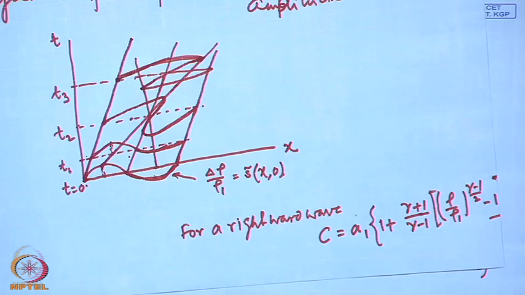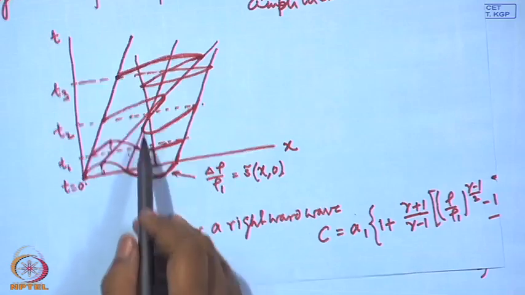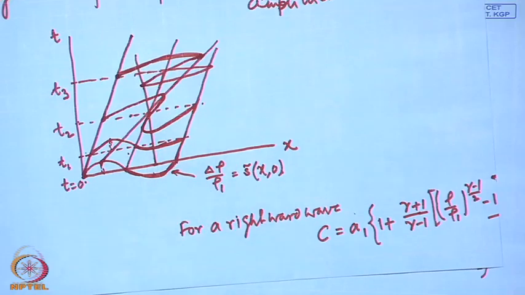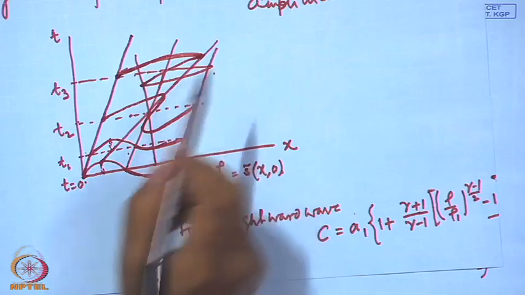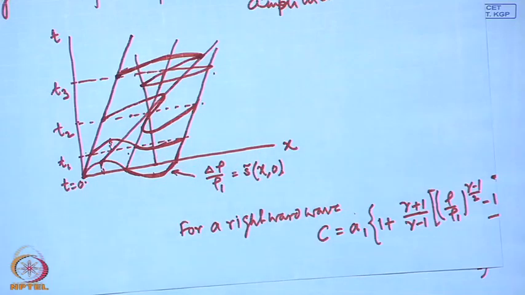So as the wave propagates according to this theory, this will be the shape of the wave, leading to this situation at time t equal to t 3.